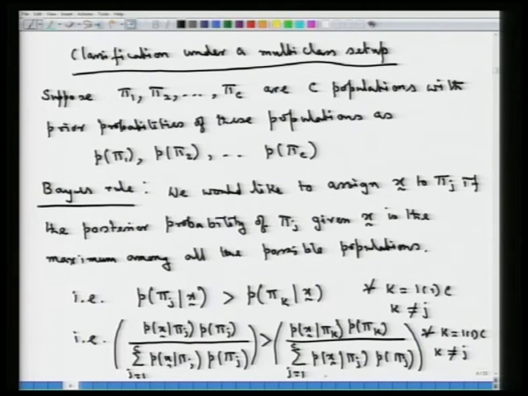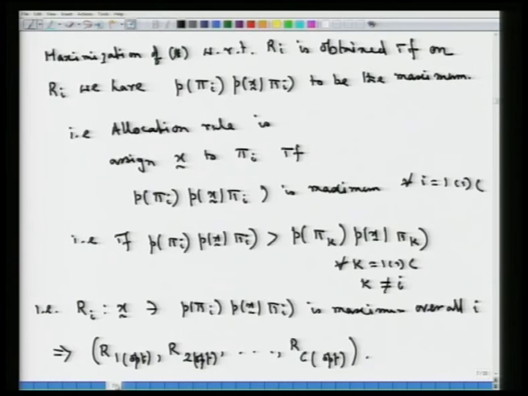However, we have both the denominators on the left hand side and the right hand side to be the same, and hence the Bayes rule is going to be based on this expression being greater than the numerator of the right hand side, and hence the two rules are basically equivalent because we have exactly the same rule here.